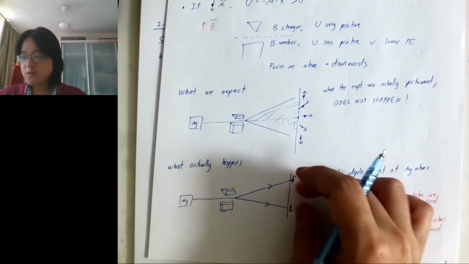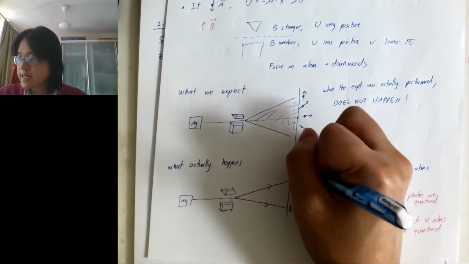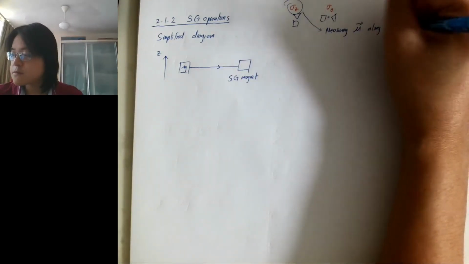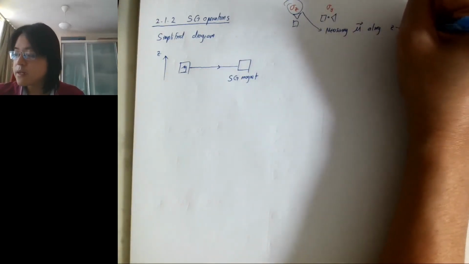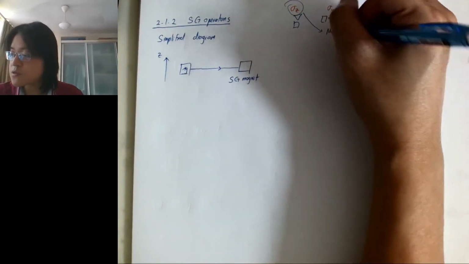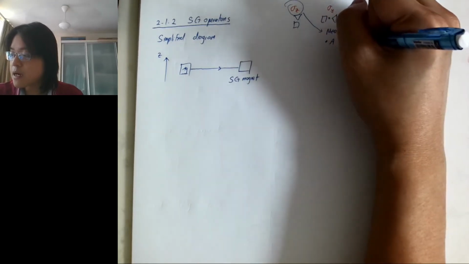So we are measuring this along the z-axis. So this is a measurement. That means it should correspond to some Hermitian operator.